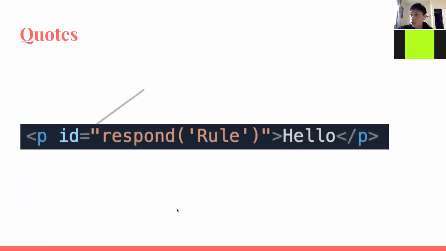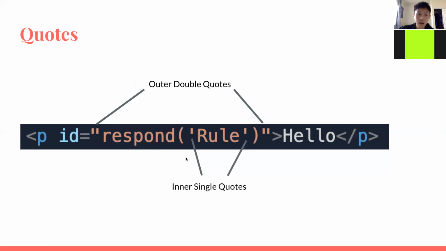Okay, so the quotes. Right here, as you can see, the whole attribute value is covered by double quotes. There's no specific rule that you need to use single or double quotes, so you can use either one you want, just like I mentioned in the previous slide.